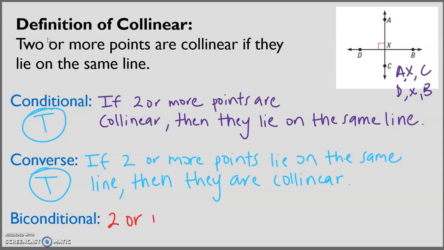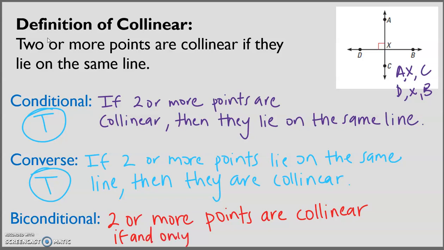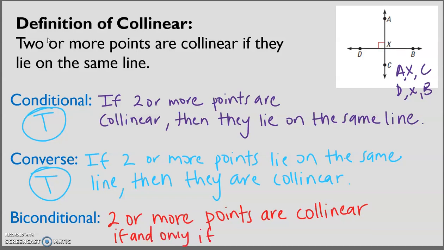Two or more points are collinear if and only if they lie on the same line.